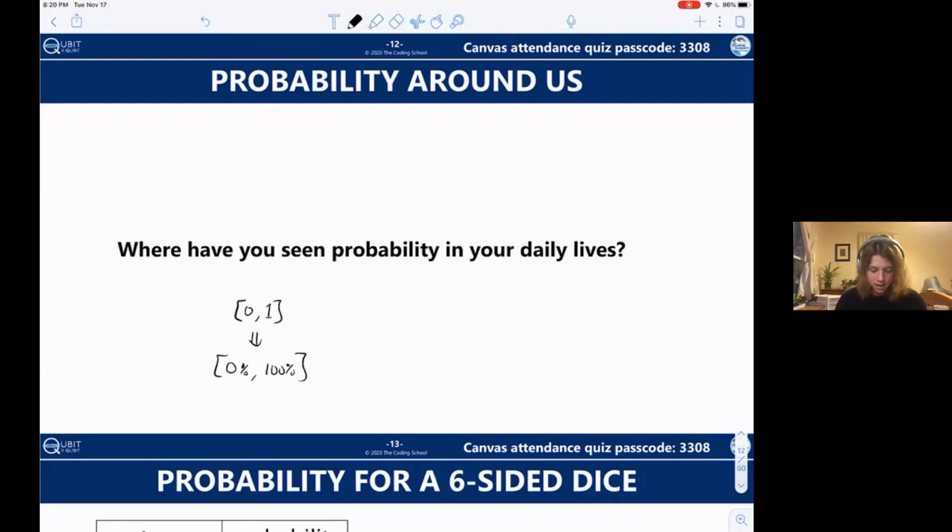All you've done is multiplied by 100 and added this percent sign. So if you're ever confused, I'll give examples of this later on. Yeah, thank you, Elon, for drawing cards. Thank you, everyone, for all your suggestions. Yeah, the probability of just anything happening in your life.